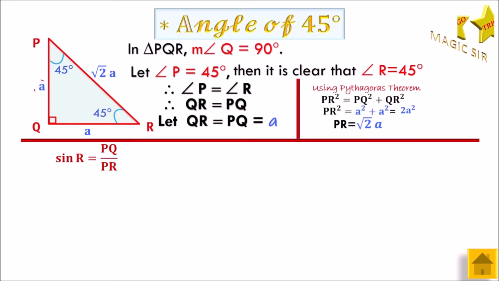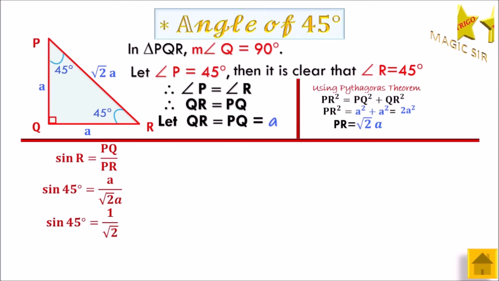We put R is equal to 45 degree and PQ equal to A. PR is equal to root 2A. So putting R is equal to 45, PQ equal to A and PR equal to root 2A, we get sin 45 degree equal to A upon root 2A. Simplifying, we get sin 45 degree equal to 1 upon root 2.